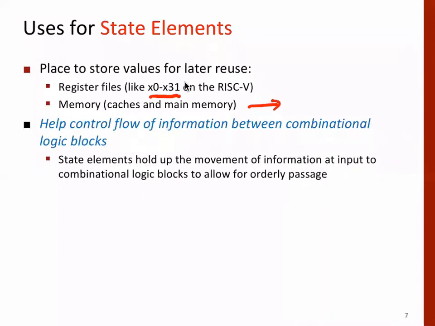So these state elements help control flow of information between combinational logic blocks. So you know that a combinational logic block is nothing but gates connected in some way. When you would have seen, corresponding to an output, you create a network of combinational circuit or gates, different kinds of gates.